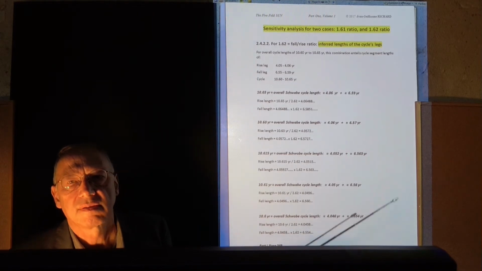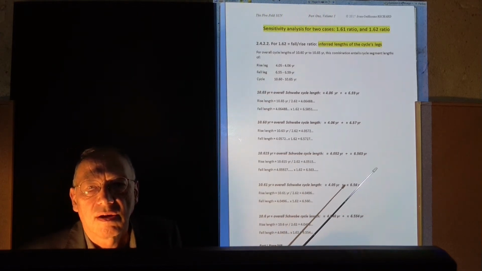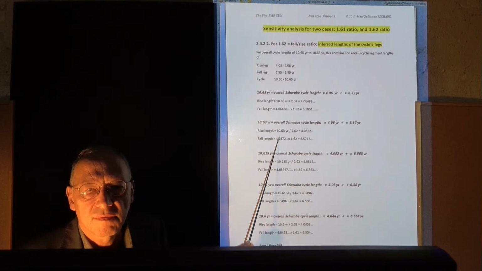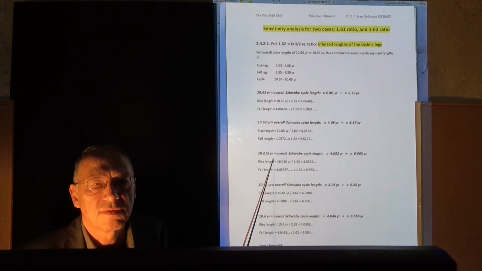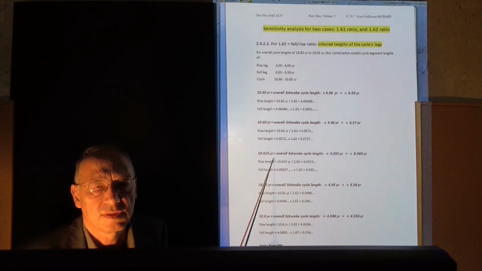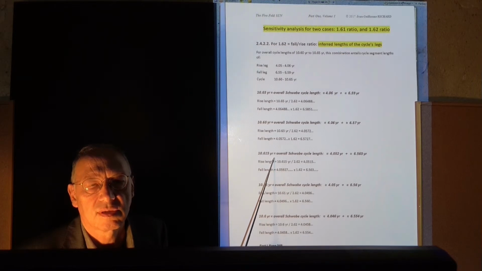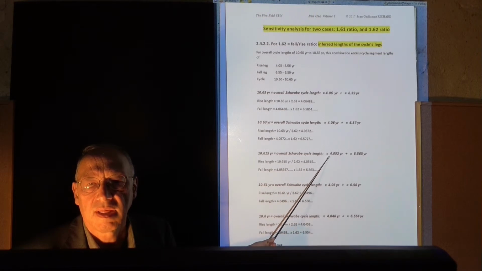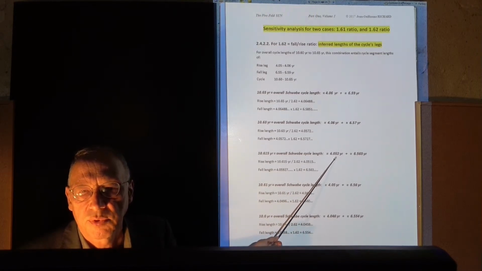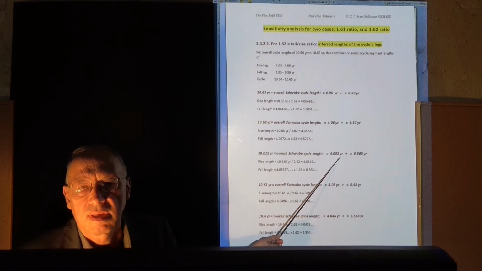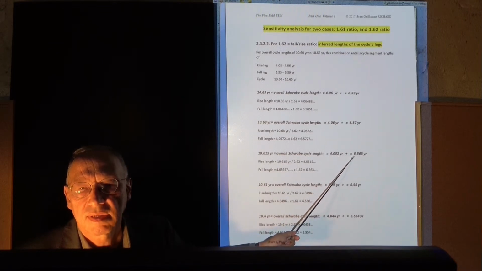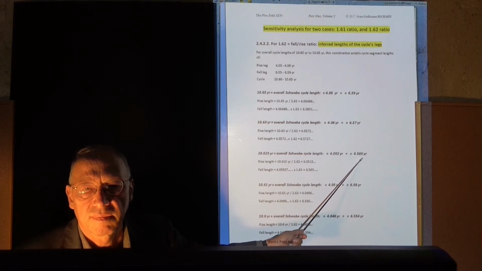The inferred lengths of the cycle legs are, for instance, for a cycle of 10.615 years, which is the central value that was retained for 5 digits in the previous section in which we estimated the characteristic central value of the length of the overall solar cycle, then the leg lengths are for the rise leg 4.052 years, and for the fall leg 6.563 years.